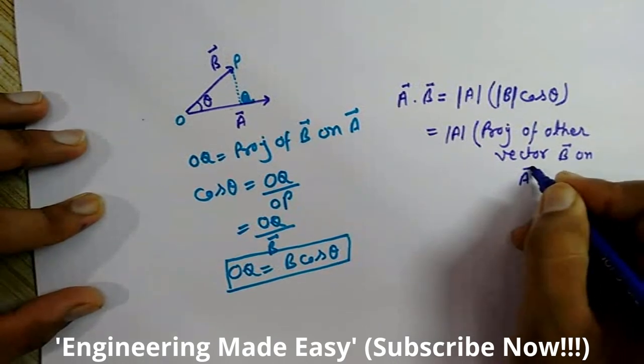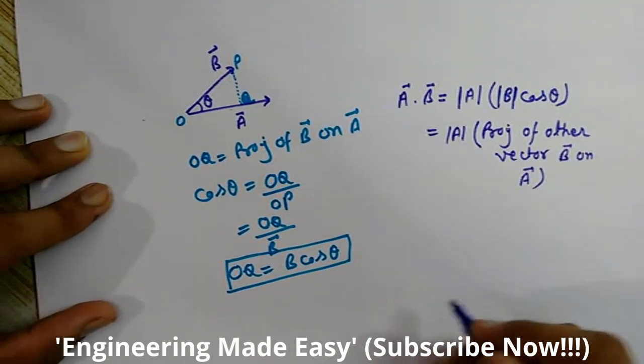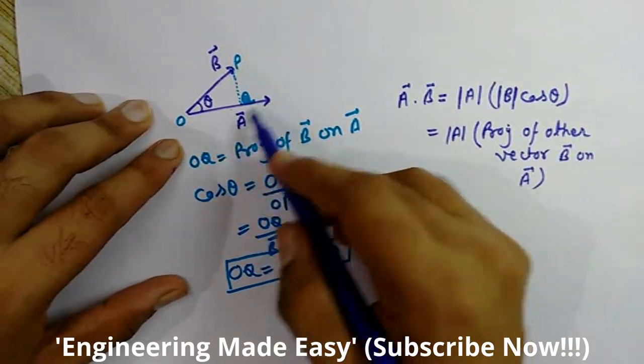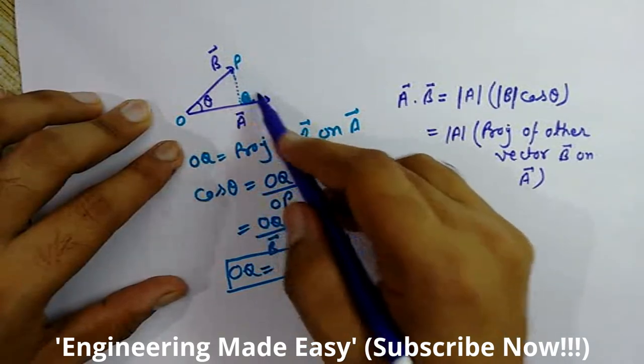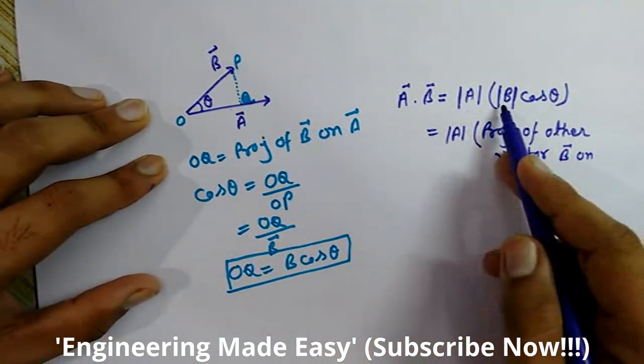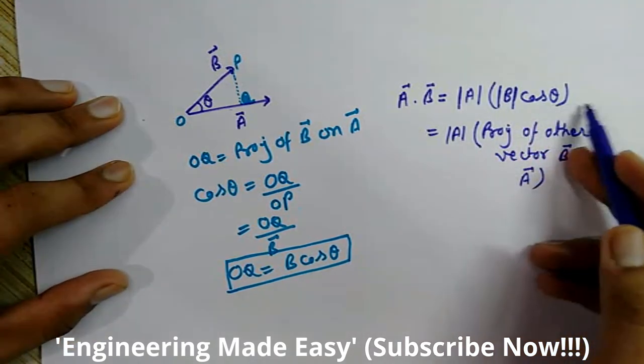In the same way, if I draw a perpendicular from vector A to B, then it would be written as the magnitude of B into the magnitude of A cos theta.